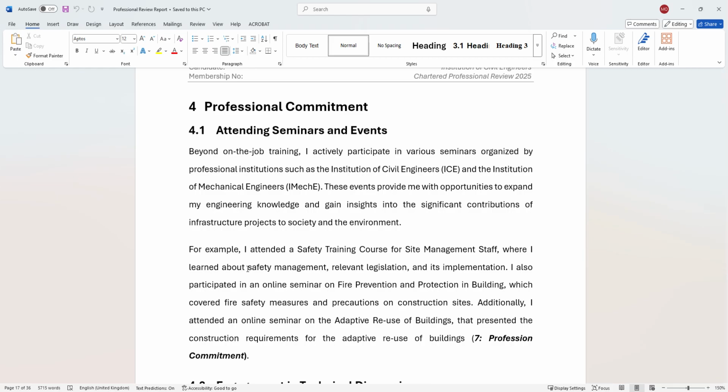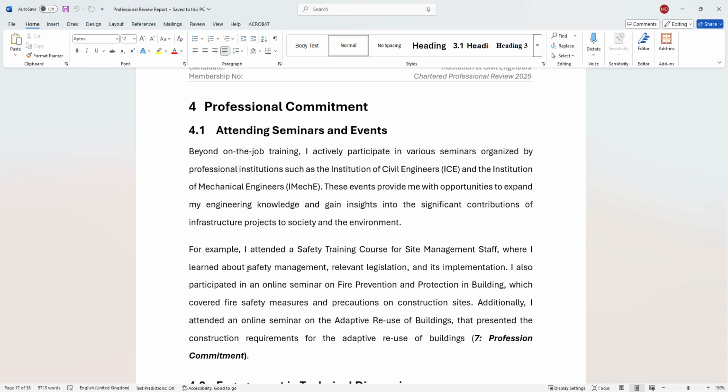I would recommend, wherever possible, that you attend at least one health and safety training every quarter, at least one. So if you're attending, let's say it's 4 in a year, spread across the year, then that's a very good example. If you're not attending at least 4 health and safety training, then that's a problem.